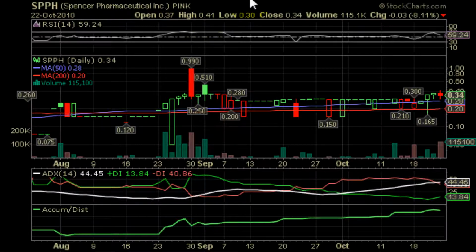Next, we're going to look at the ADX. As we can see from the ADX, the stock has taken quite a beating, with the negative DI rising high above the positive DI, and an ADX of 44 indicating a strong trend. However, not everything is negative. In the last couple days, the negative DI has been coming down and converging.